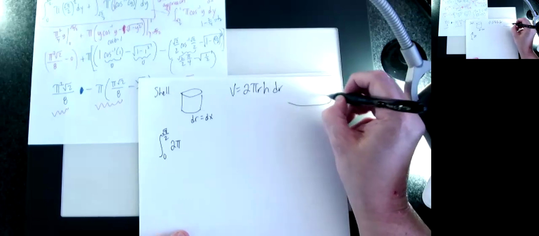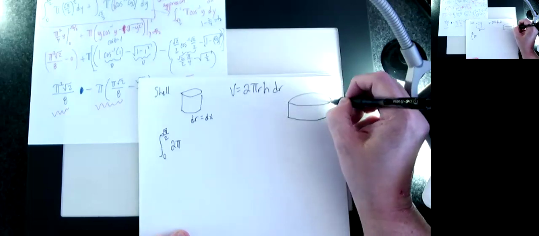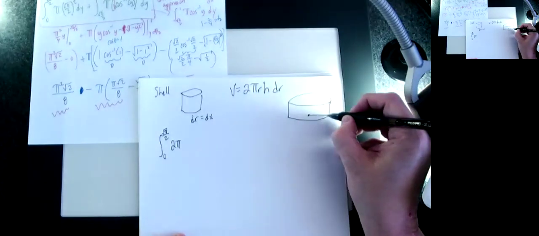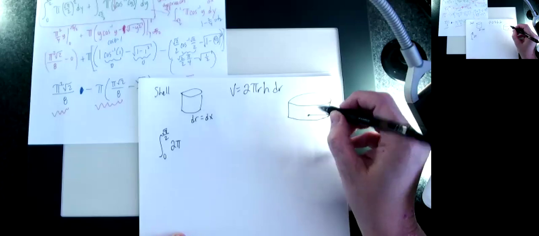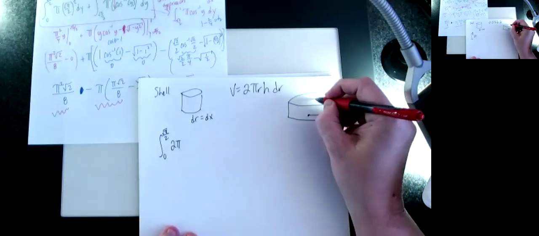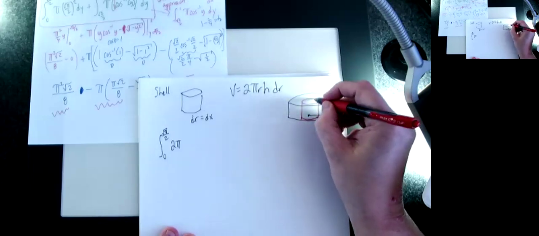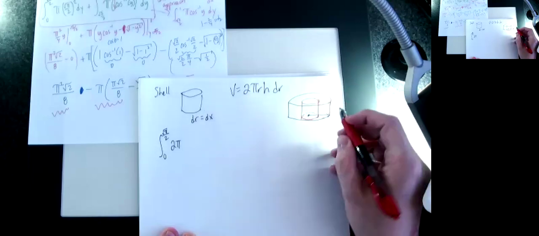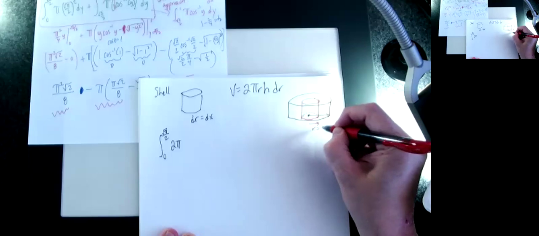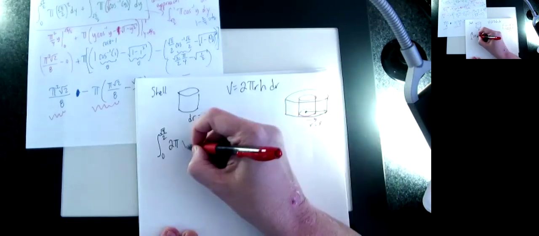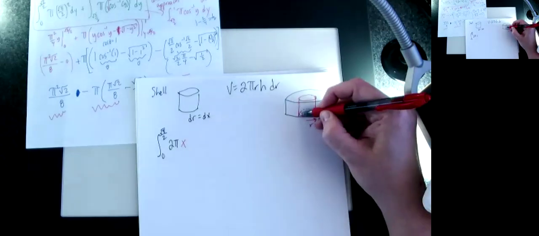If we look at the big cake that we had, R at any given ring, this R right here is just X. And my height is the vertical height.